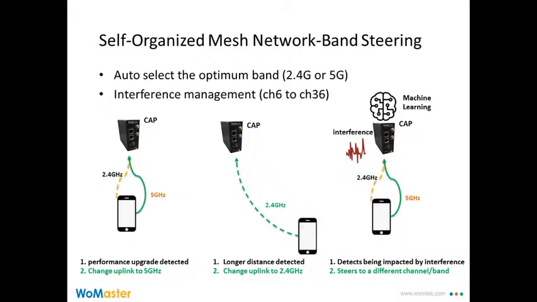Under this kind of condition, the connection will be changed to the 5G band to retain the best signal. Regarding the above situations, the network can be managed automatically. Users don't have to do it manually and can get better performance.